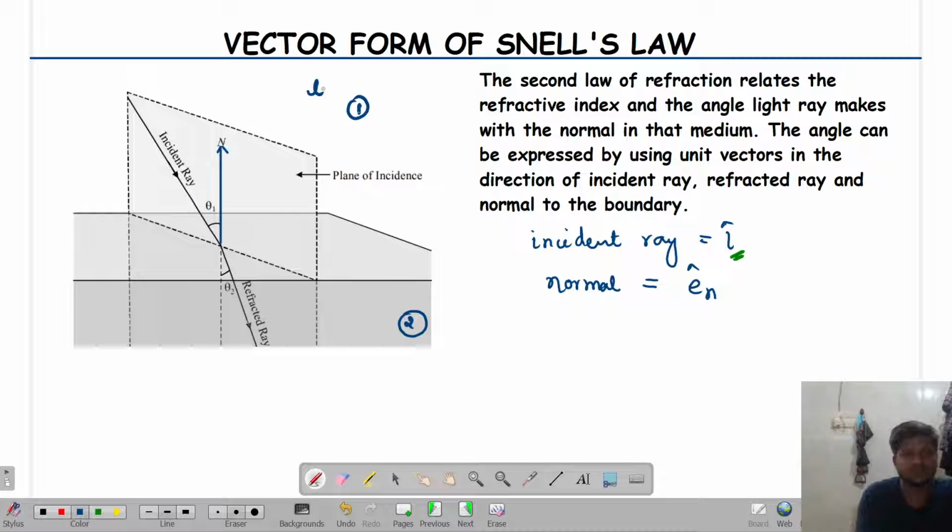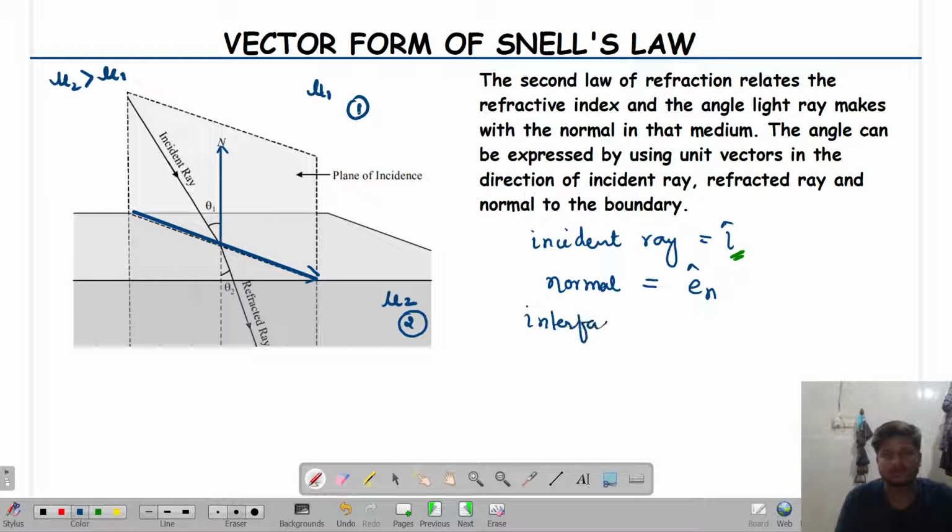Medium one has refractive index mu1. Medium two has refractive index mu2, where mu2 is greater than mu1. So between mu1 and mu2 there is an interface. Okay, and I can represent this interface by some vector. I call this vector the interface vector.